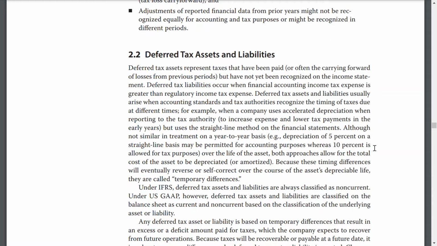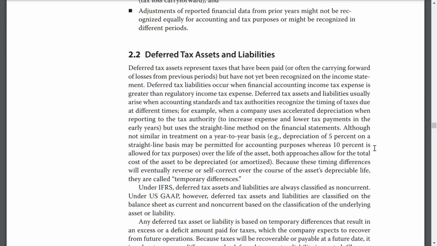Deferred tax assets represent taxes that have been paid but have not yet been recognized on the income statement. Deferred tax liabilities occur when financial accounting income tax expense is greater than regulatory income tax expense. Deferred tax assets and liabilities usually arise when accounting standards and tax authorities recognize the timing of taxes due at different times.